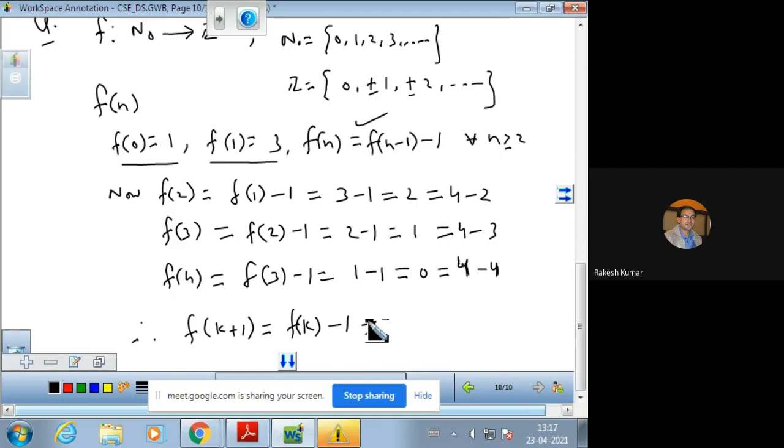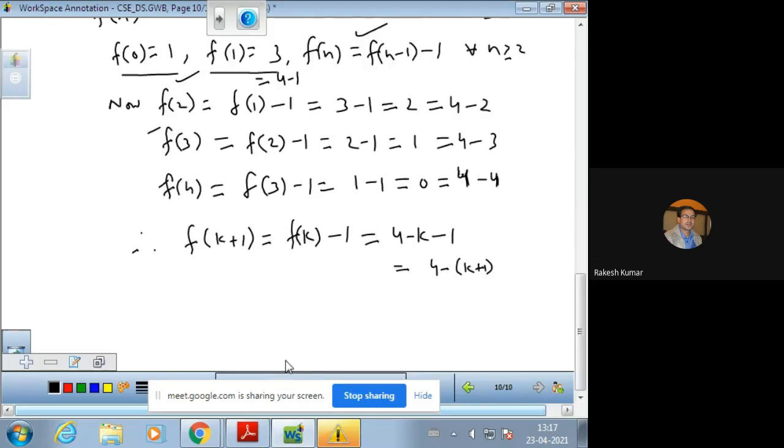And if you use the values of f1, f2, f3, f4: f1 can be written as 4 minus 1, f2 as 4 minus 2, 4 minus 3, 4 minus 4. So all these values are coming as 4 minus something. So we can write some kind of a relationship, 4 minus k. In place of 1, 2, 3, 4 we take k, and this one is minus 1. So that is 4 minus k plus 1.